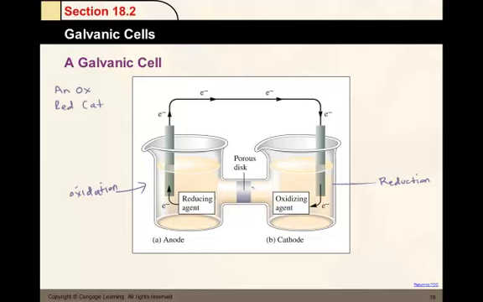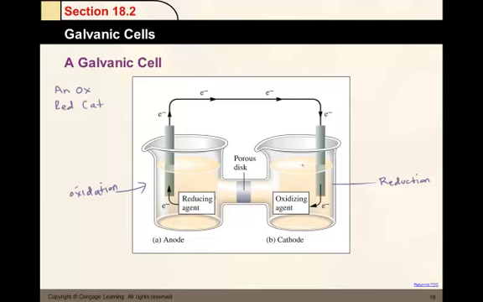That's what we will be using, and that's kind of a U-shaped tube. It's a poor drawing, but you get the idea. There's a salt bridge in here filled with a chemical that allows the ions to continue to flow. But I'm going to erase it because you don't need a porous disc and a salt bridge. But I'm sure there are pictures in the textbook of a salt bridge and a porous disc.